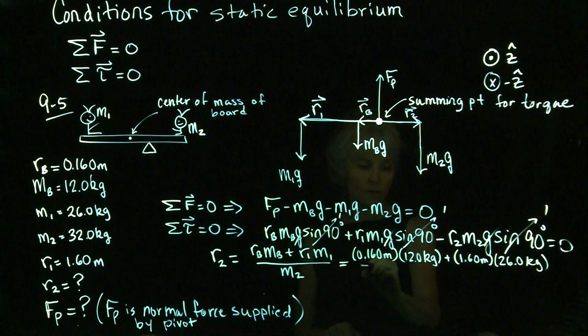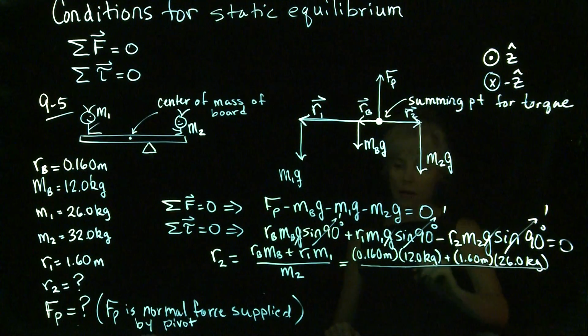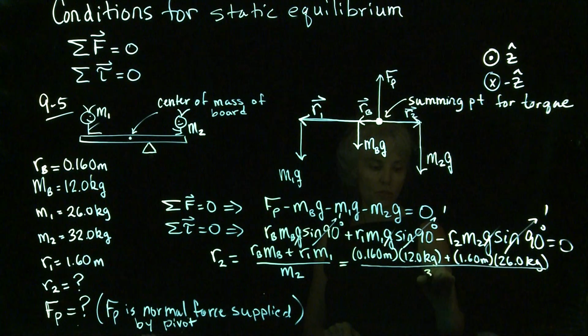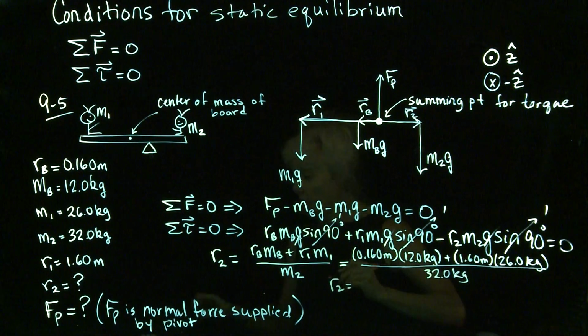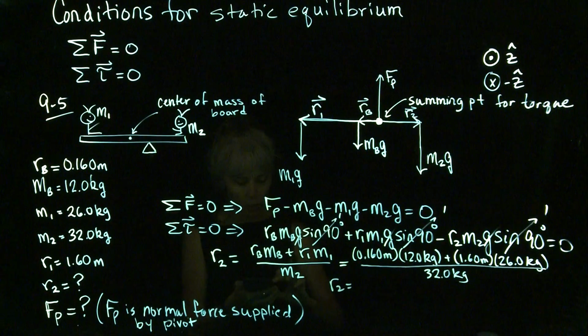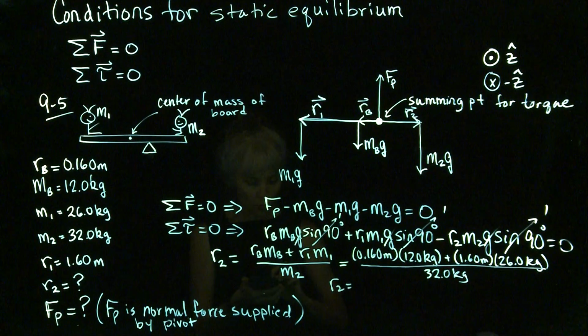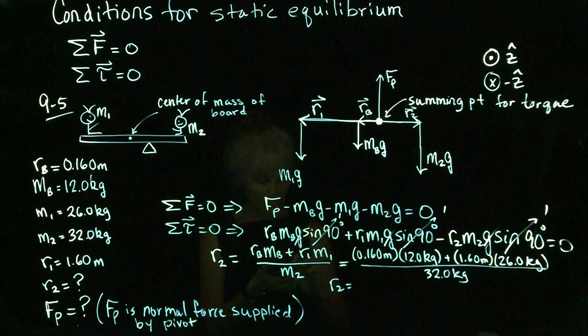And now we're going to divide by M2, which is 32.0 kilograms. So R2 then is going to be equal to, pull out our calculator, 0.16 times 12 plus 1.6 times 26 and divided by 32.